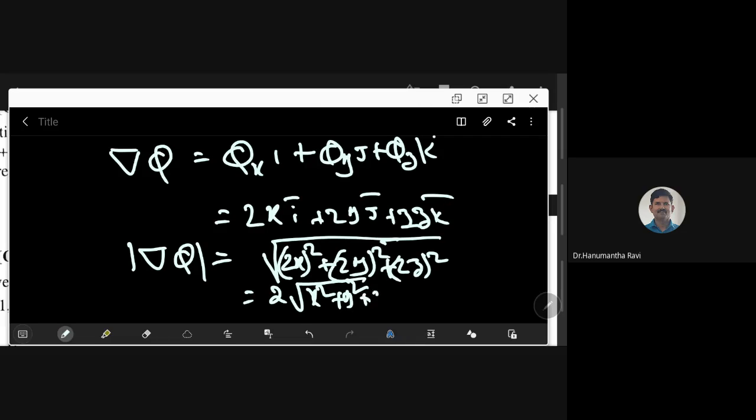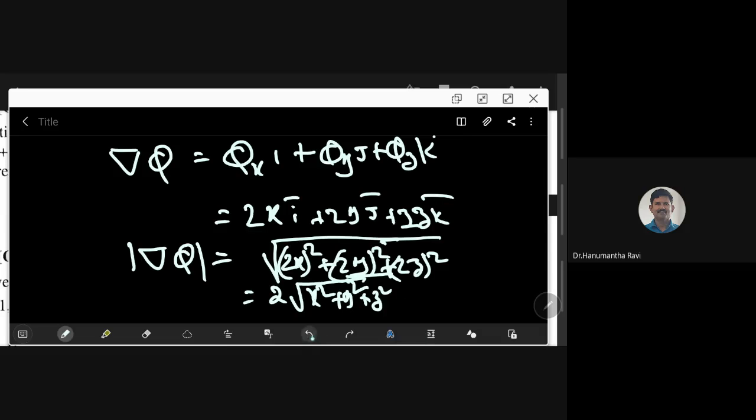On the other hand, this value is anyway 1, because we are on the surface. It is okay, right? We are on the surface.